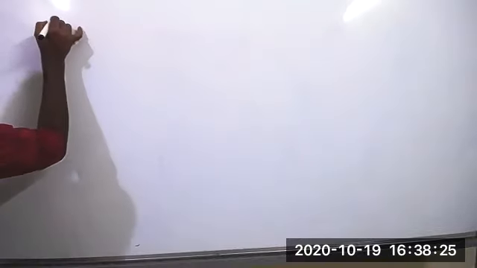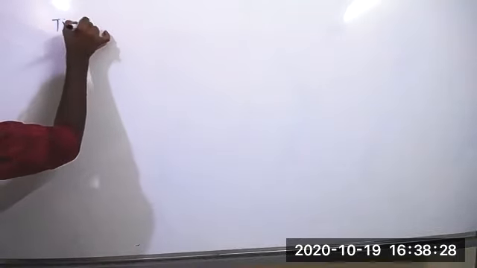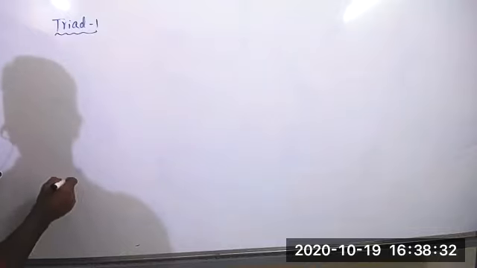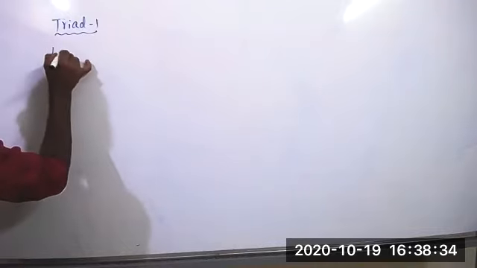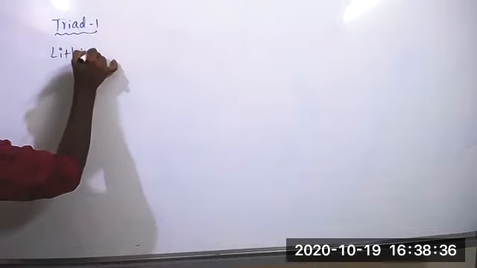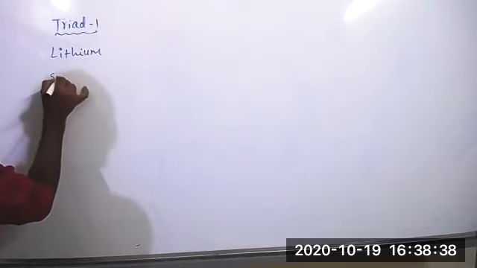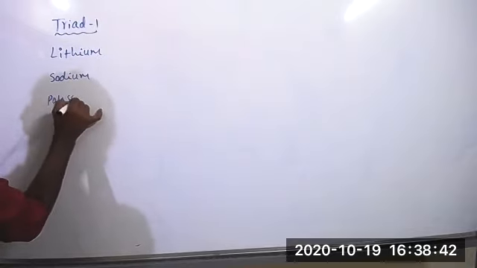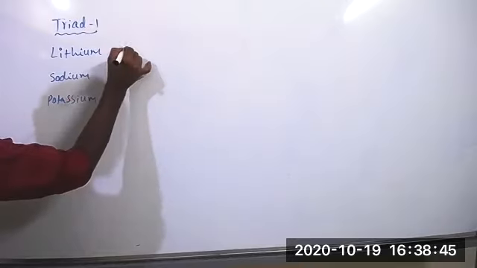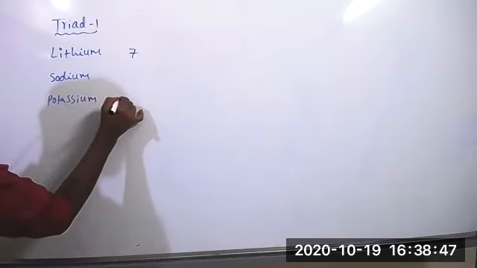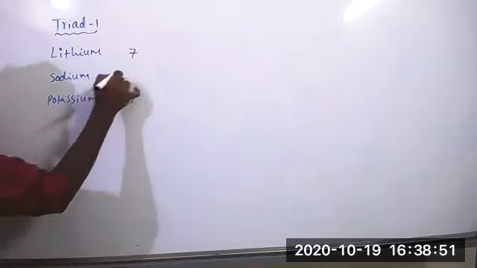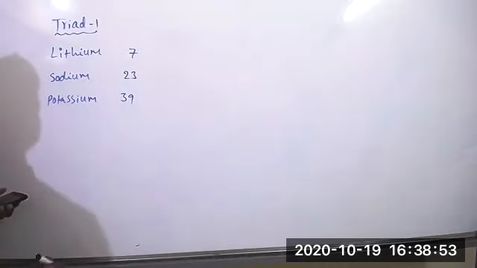So here I'm writing the first triad: lithium, sodium, potassium. Lithium atomic weight, we know, is 7, potassium is 39, and sodium is 23.